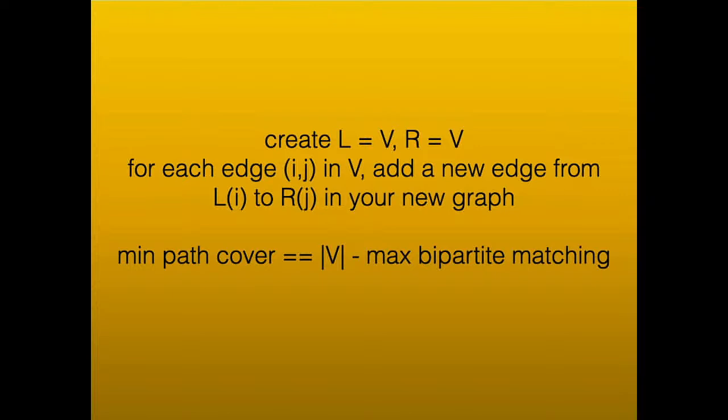So basically, we create a bipartite graph, and there are two versions here. First, let's say the paths cannot visit the same node twice, like just now when I illustrated with this example.